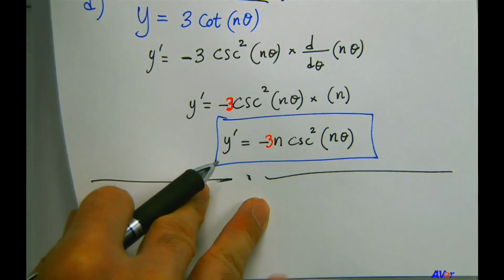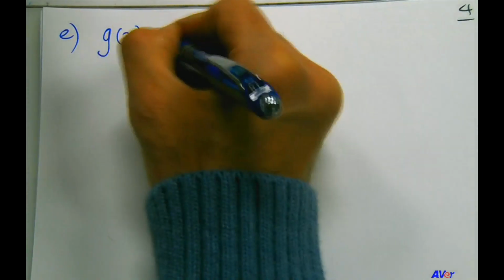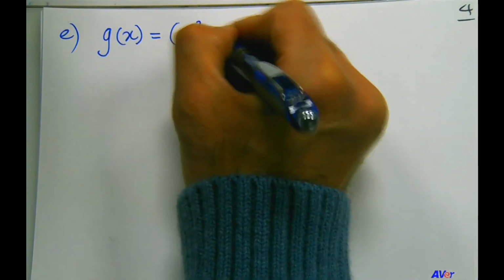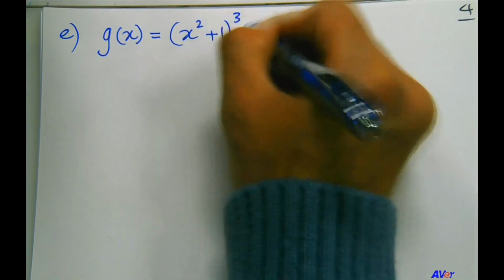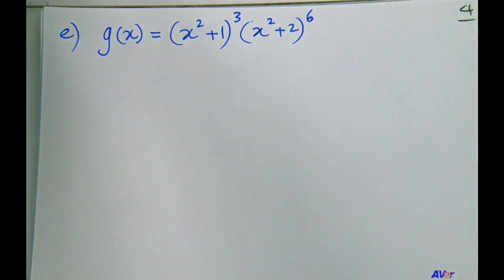So let's do more examples. That was example D, so this one will be E. Suppose we want to find the derivative of function g of x like that.